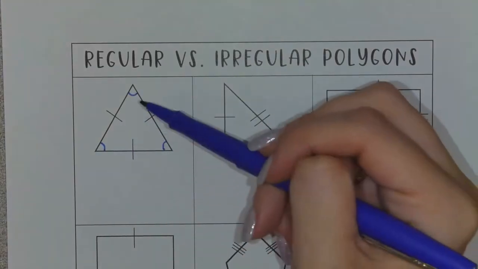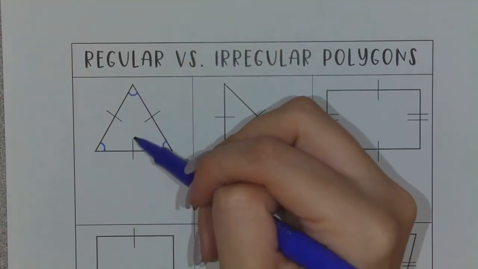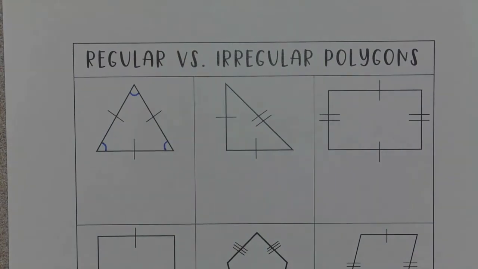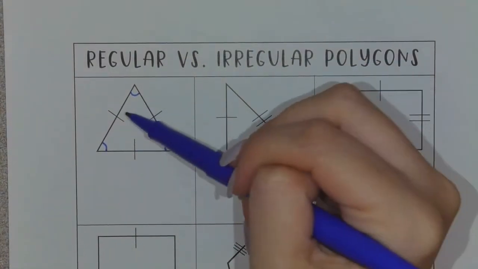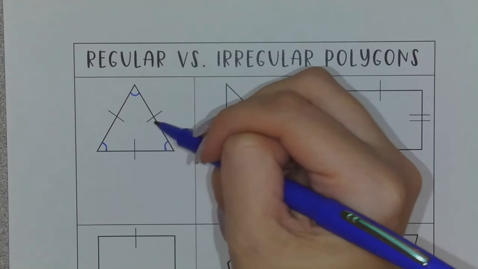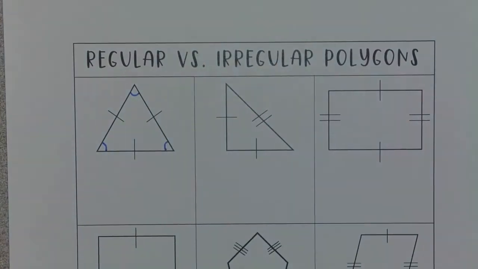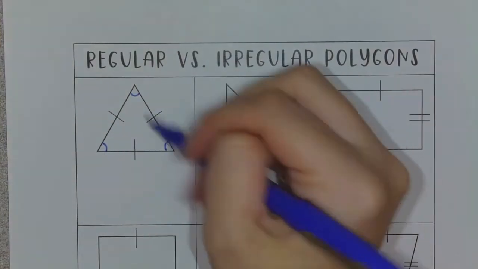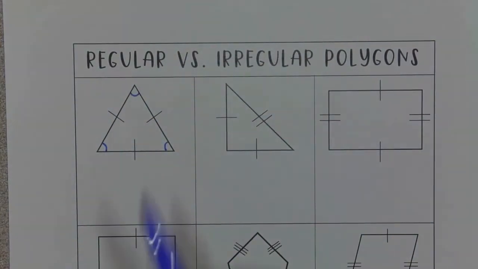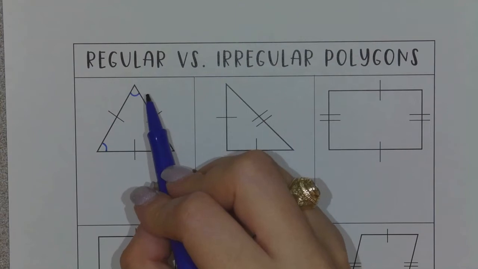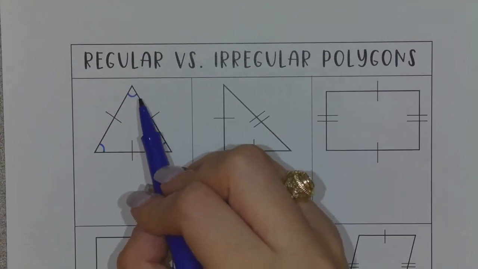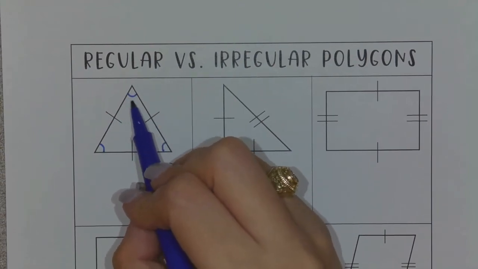So when I look at my sides, I know that all of my sides have one tick mark in there. Since all of my sides have the same amount of tick marks, that signifies that all the sides are the same. Then when I look at my angles, someone in my first block called them little rainbows, and I like it, so I'm going to keep calling them rainbows.